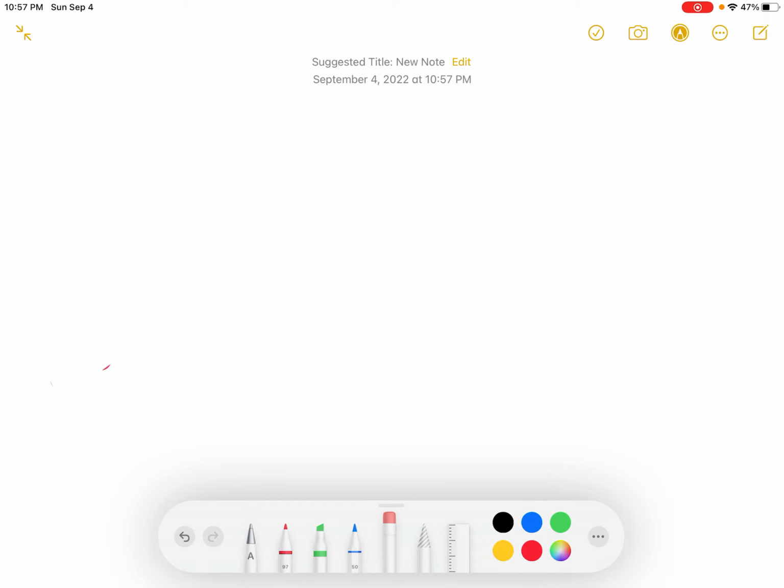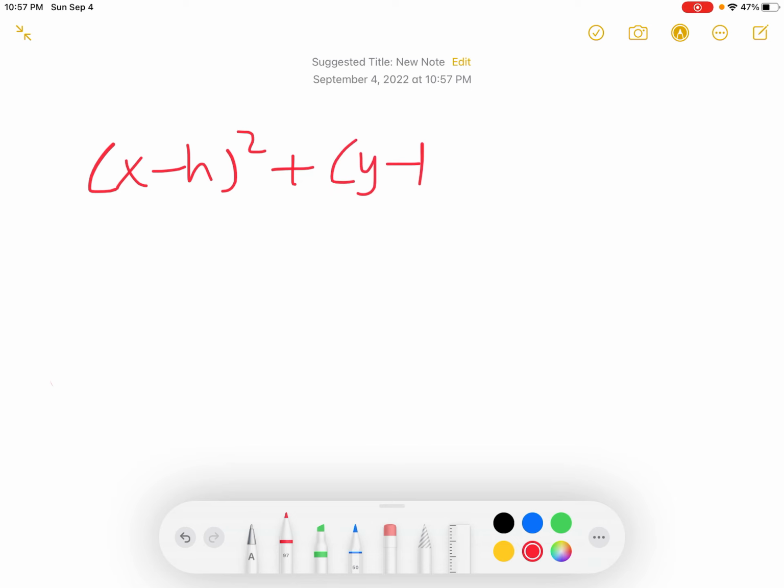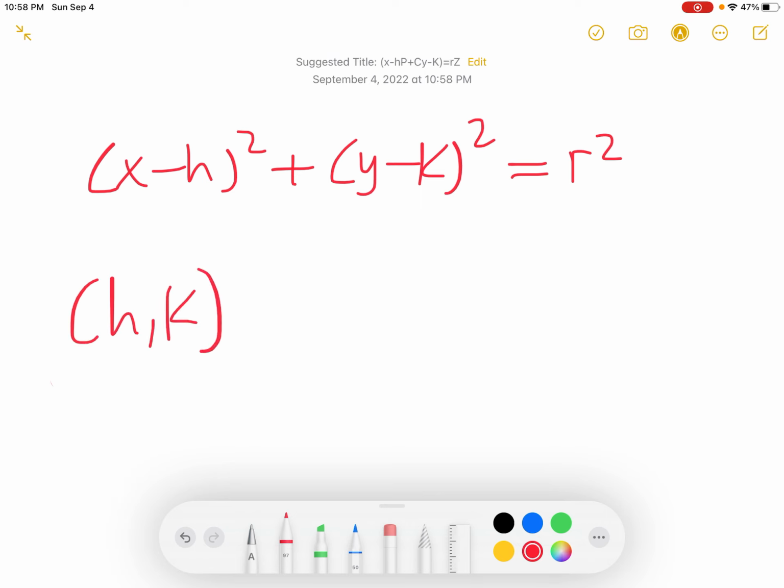Now, whenever you have, this is what a circle equation can look like. Maybe you learned this in Algebra 2. The center of the circle is (h, k).